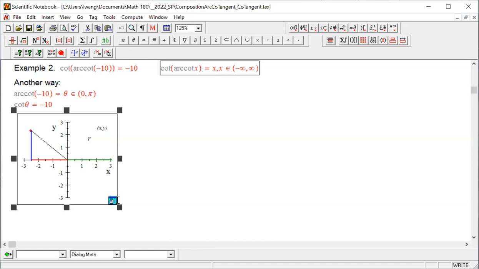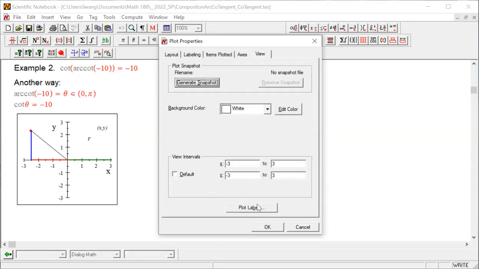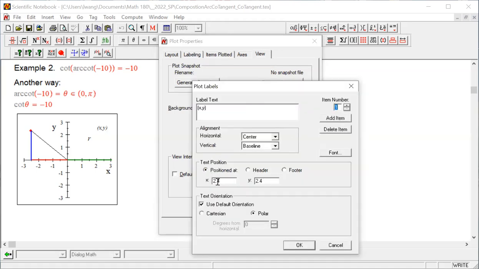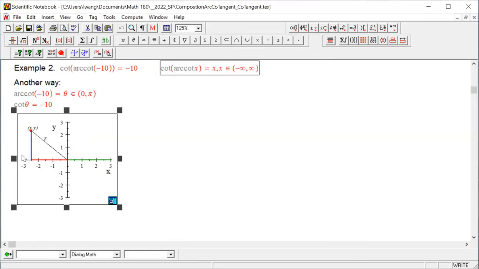So that turned to the other side, and I just have to make those markings in the place I want, and my r needs to be in the place I want. And there you go.